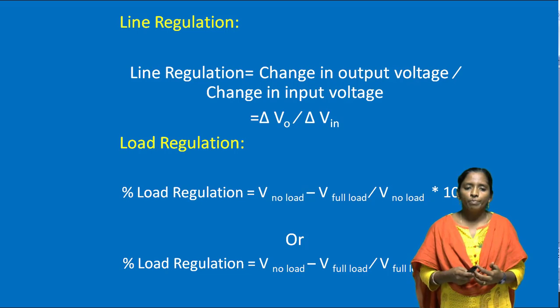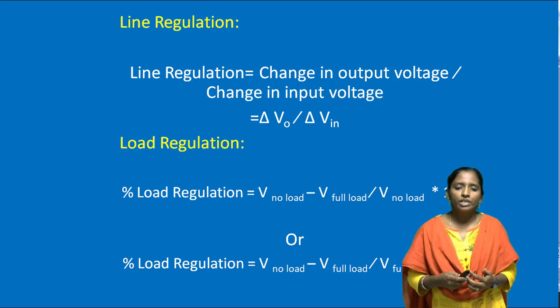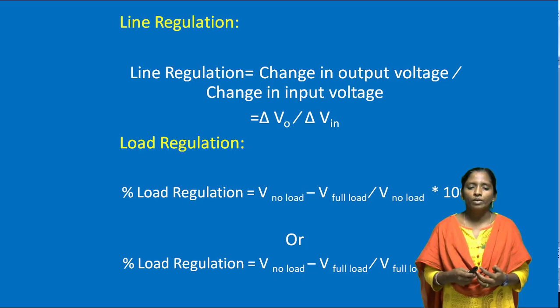The formula for percentage load regulation is (V no load minus V full load) by V no load. For percentage, we multiply the equation by 100. Or another equation for load regulation is (V no load minus V full load) by V full load into 100.